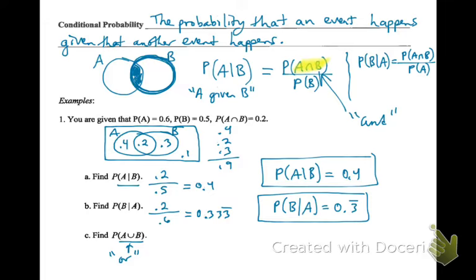The right-side-up U is OR, so it's just going to be A or B. It means anything that occurs in A, B, and in both. So in this case, 0.4 plus 0.2 plus 0.3 occurs in all of A and B, and that accounts for everything in those, so it's going to be 0.9. So the probability of A or B is going to be 0.9.